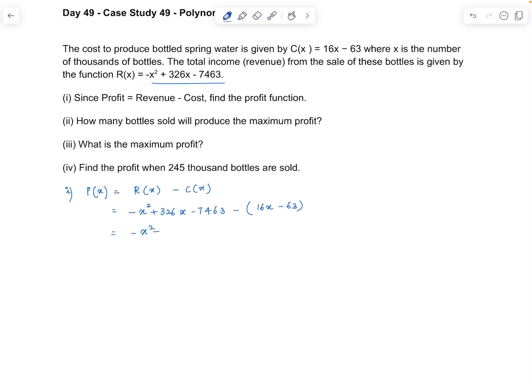On opening the bracket, we get minus x square plus 326x minus 7463 minus 16x plus 63, which is minus x square plus 310x minus 7400. So this is the profit function as asked in question 1.